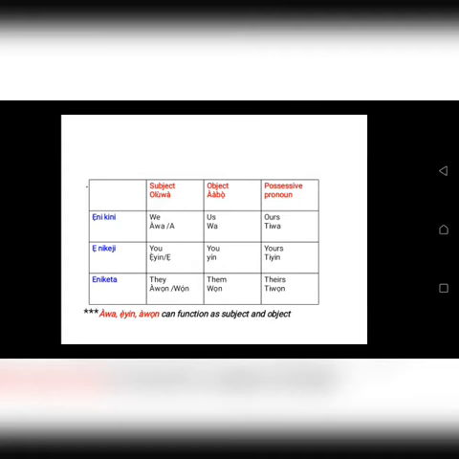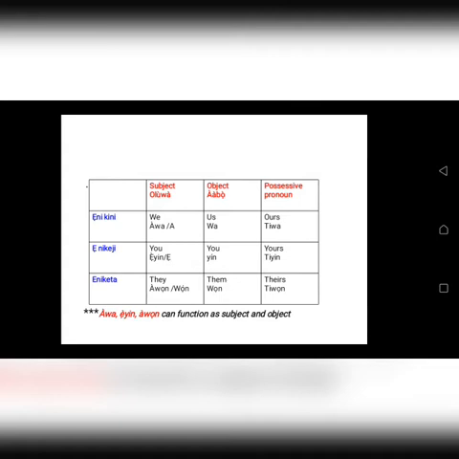So the first person plural pronoun, don't forget that, is we. Àwa. You can see that is more than one. And if it is in the object position, we call it us, wa. The possessive is ours, tiwa.